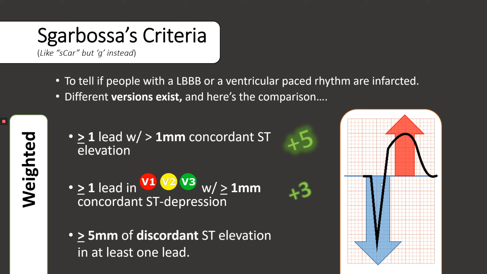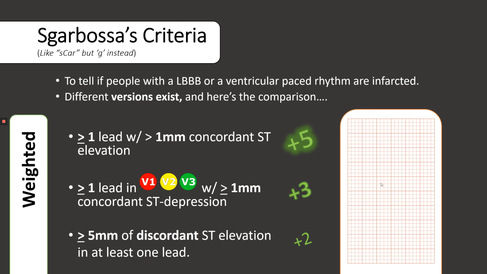So we're measuring from the J point this time. They're going in opposite directions, so it's discordant. We look at the J point. Is it 5 millimeters or more? If it is, then you get 2 points. So not enough to call it, but still kind of significant there.